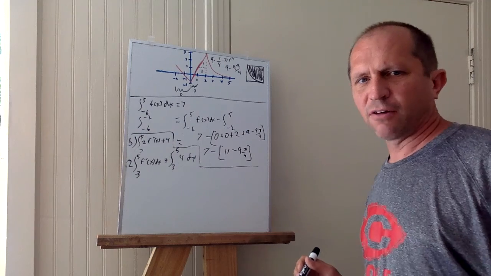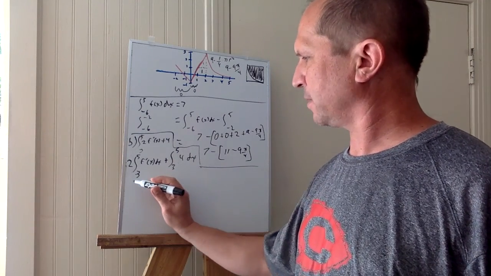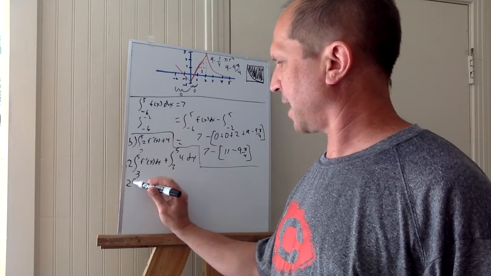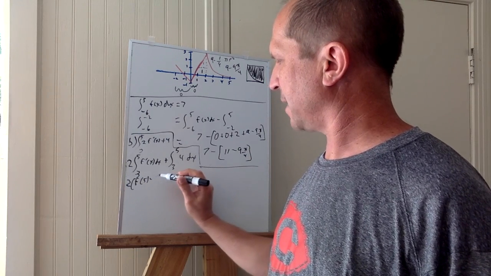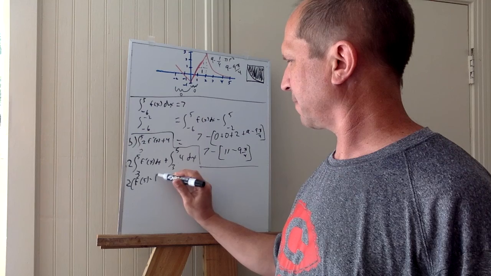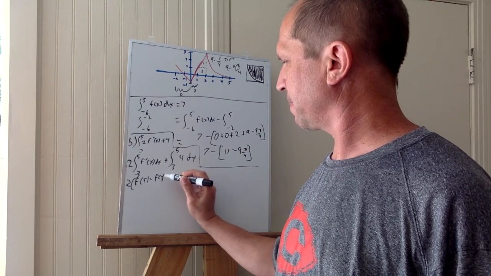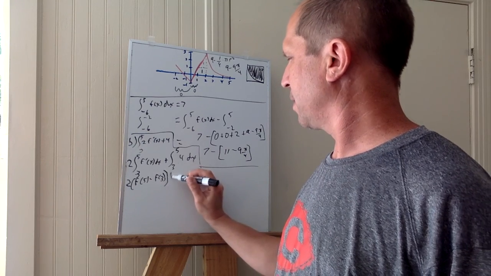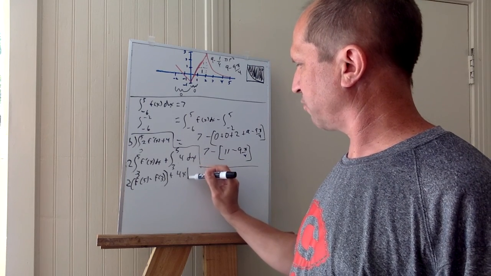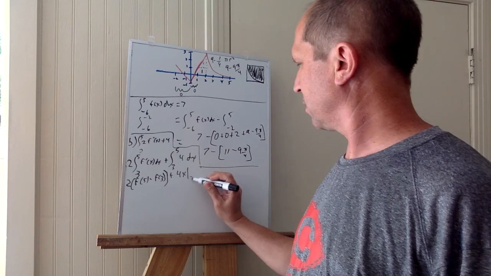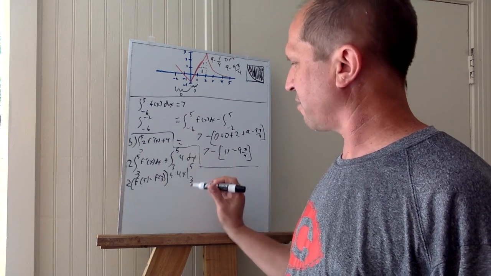Okay, so from that, this would be just 2 times f of 5 minus f of 3, plus, and this would be 4x from 3 to 5.